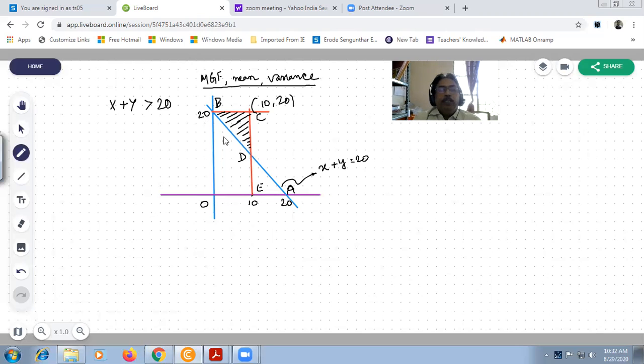So I am shading this area, the shaded area BCD.